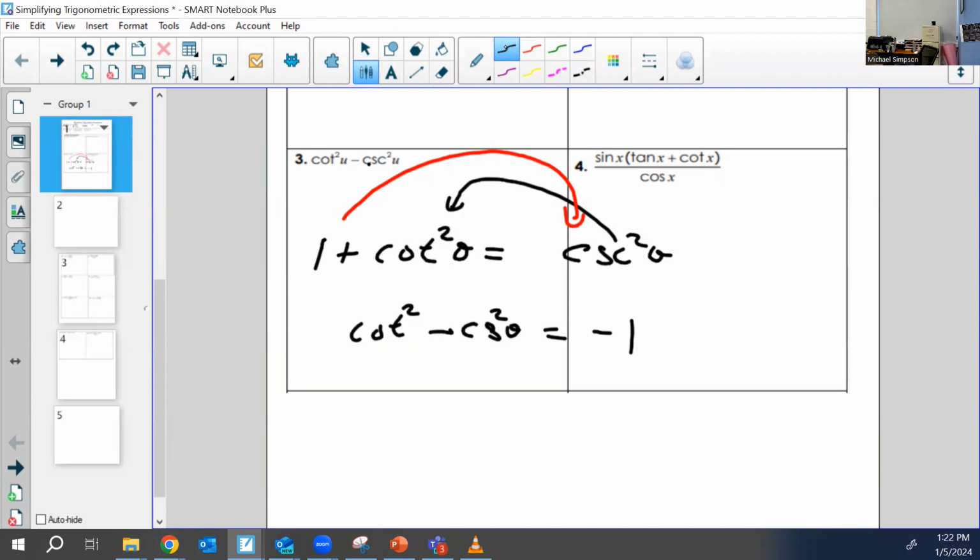So this is just equal to negative 1. Same thing right here. If you're not doing this very long, you don't see it, but this is just equal to negative 1 from that one identity.